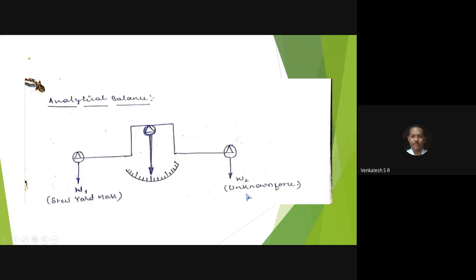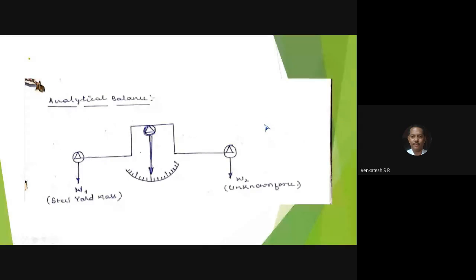But one thing: before measuring anything using an analytical balance, you have to adjust it for null balance. You all belong to mechanical engineering, so remember the word null balance. Null balance means, before conducting the measurement, bring the measuring instrument to read zero before applying anything.